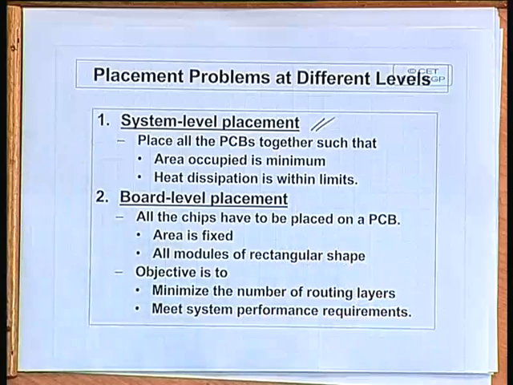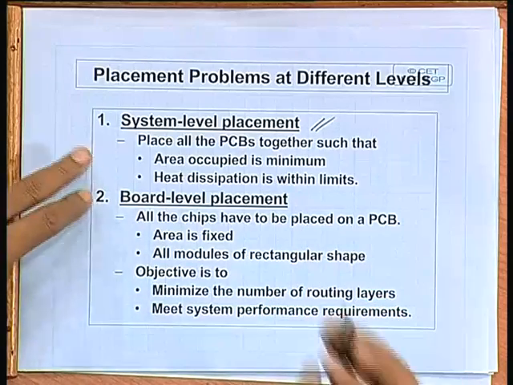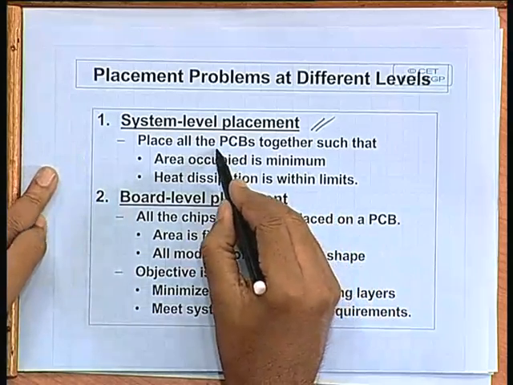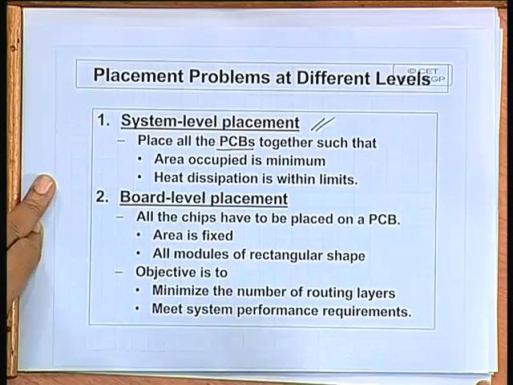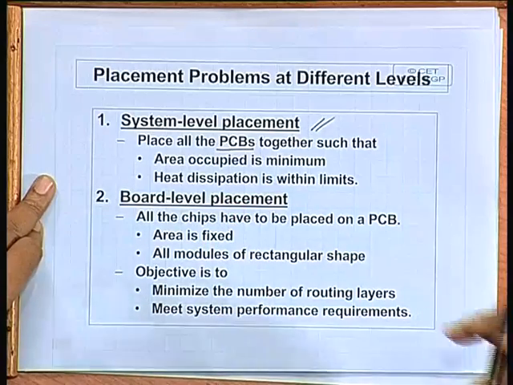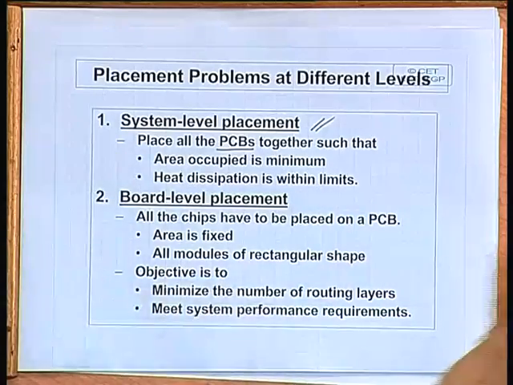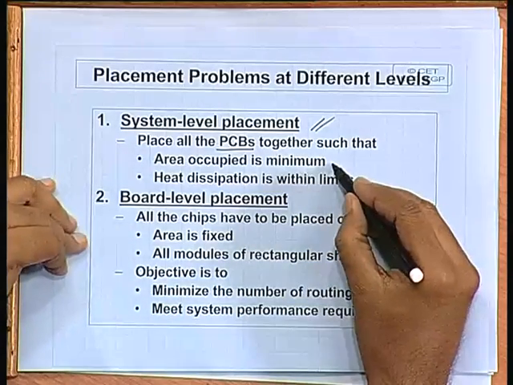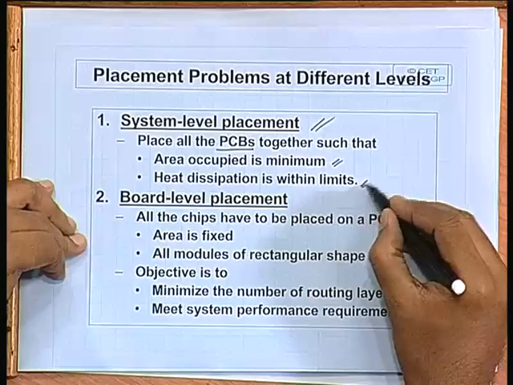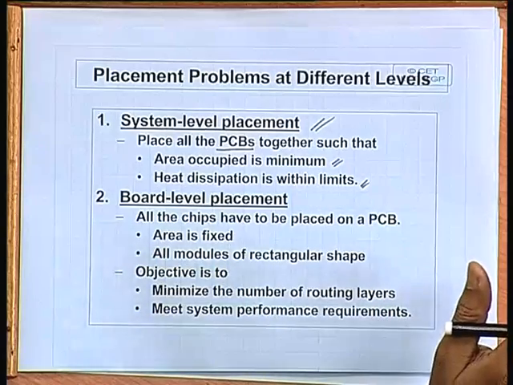System level placement means I have the system, I have the cabinet. Now, inside the cabinet I have to place the printed circuit boards together. The way I would be putting the PCBs together is that of course, the total area occupied inside is minimized, and secondly the heat dissipation should be uniformly distributed. There should not be any concentration of heating in one portion inside the cabinet, so that there will not be some circuit malfunction due to increased temperature.